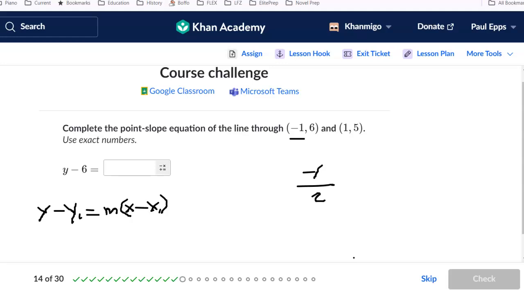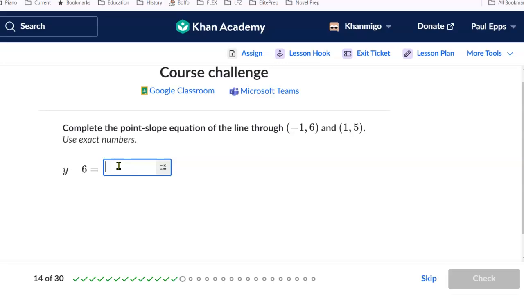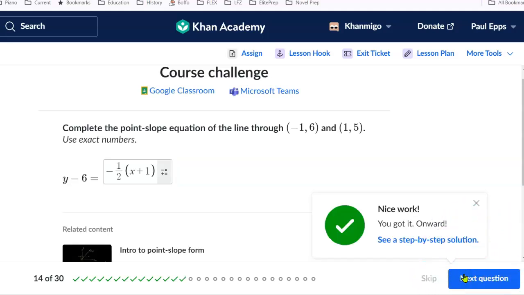Negative 1/2 times x plus 1. Y minus 6 equals negative 1/2 x plus 1. All right.